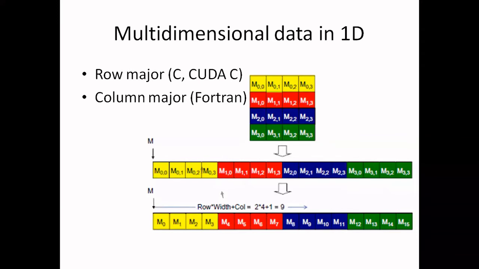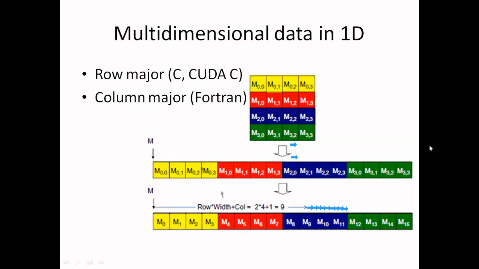You may know that we can convert multi-dimensional data into one-dimensional by using row major or column major. In CUDA C, we will have the row major system, which is also in C programs. In Fortran, we were using column major. Now we are working with row major. It means that you will keep your first row, after that you will have your second row, and then the third row and the next rows.